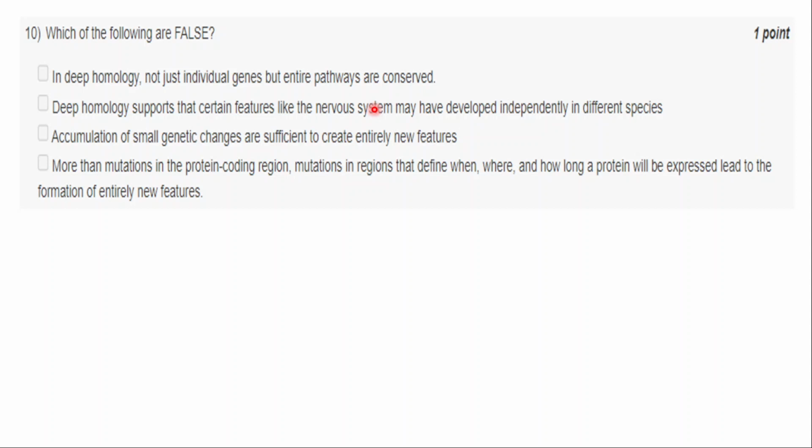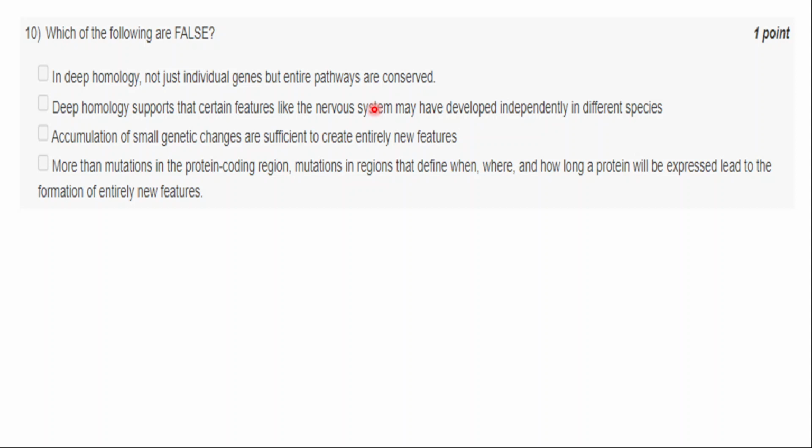So you have to identify which of these statements are false. Mind you, there might be more than one correct option. The first two statements are about deep homology, which talks about the development of nervous system and conservation of pathways, and the next two statements are regarding variations on the evolutionary time scale in the fixed developmental regulation.